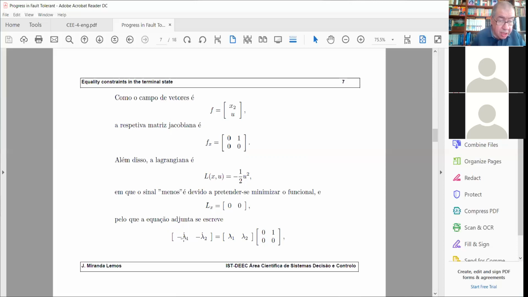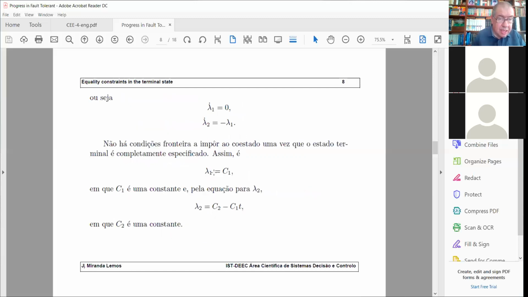And the adjoint equation is minus lambda dot equal to lambda transposed fx plus Lx. So minus lambda dot transposed equals lambda transposed fx plus 0, which is the Lx. And now I can break this matrix equation into two equations separately, and I get lambda 1 dot equal to 0 and lambda 2 dot equal to minus lambda 1.